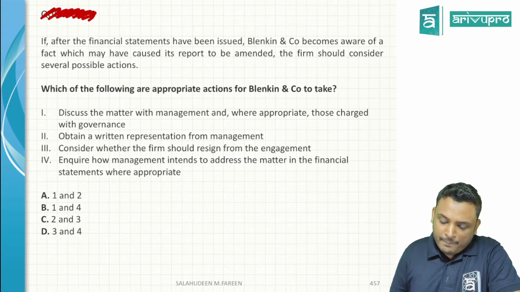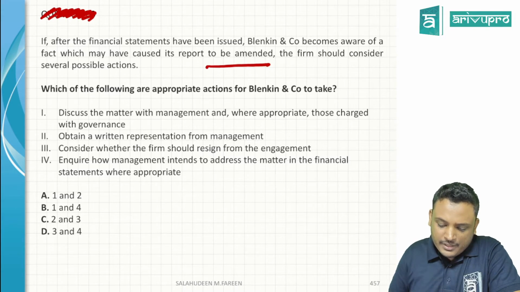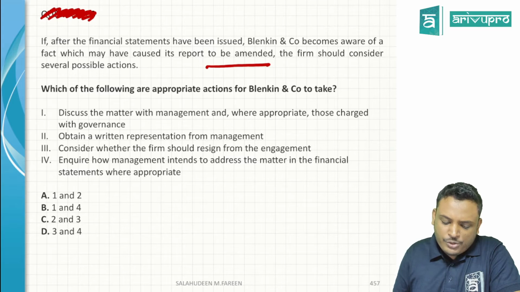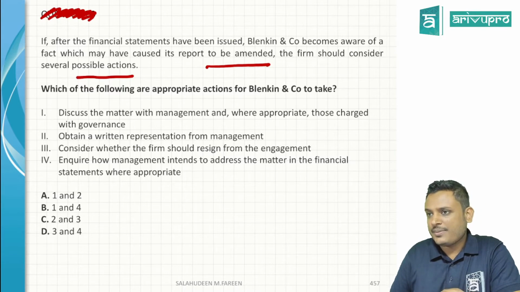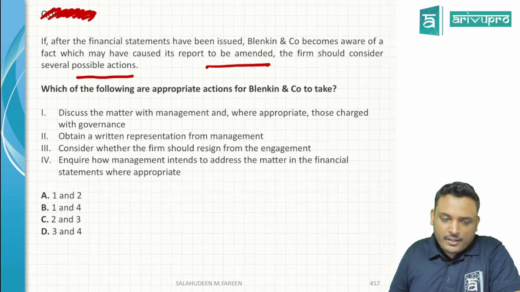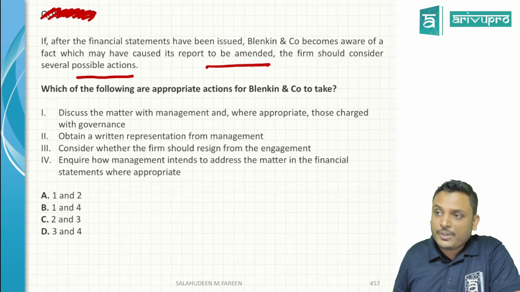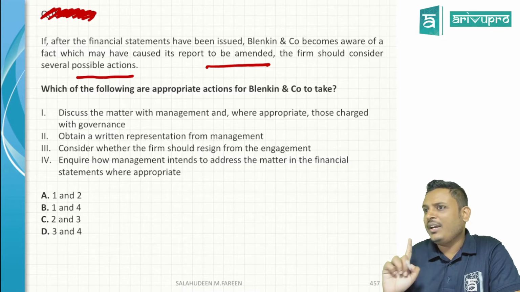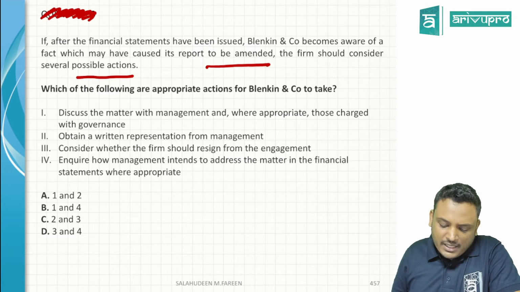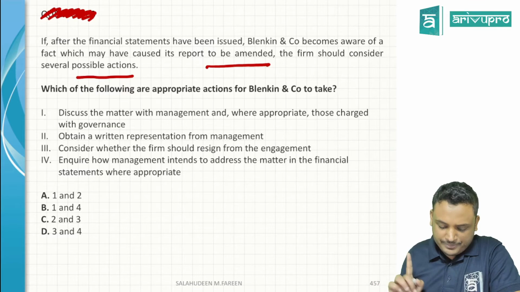Okay. The auditor becomes aware of a fact which may have caused the report to be amended. The audit firm should consider several possible actions. Number 1, discuss the matter with management, and where appropriate, those charged with governance. If you know that, then only you can decide the answer. One procedure.